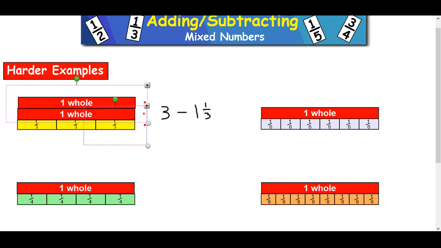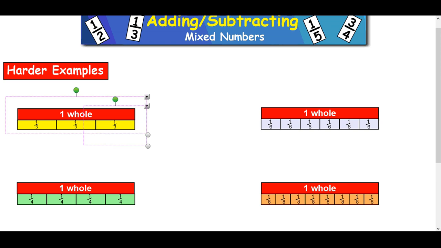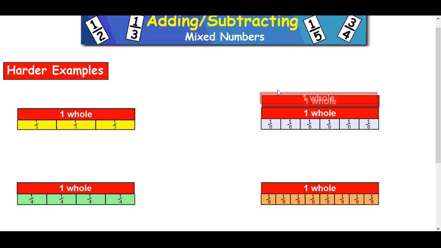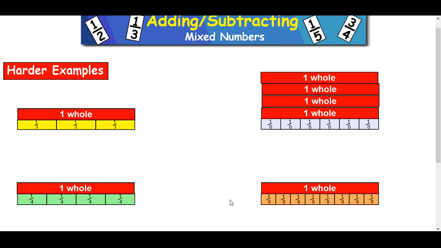Okay, let's look at that idea again, except we'll look at it with sixths. Okay, let's see. Imagine I've got, let's say 5 wholes. 5 whole bars. 1, 2, 3, 4, and 5. This bottom one's made up of 6/6.